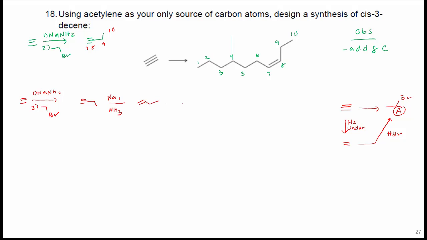So that's 4, and then I can do HBr ROOR. And then take, this is B, acetylene, a different acetylene now. And add the bromobutane. And that will give me my 6 carbons.